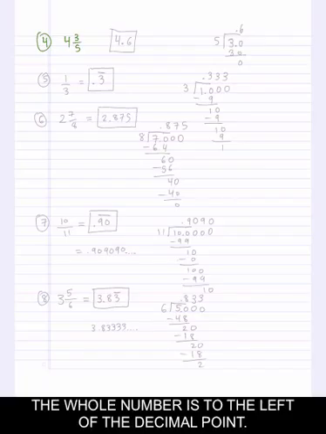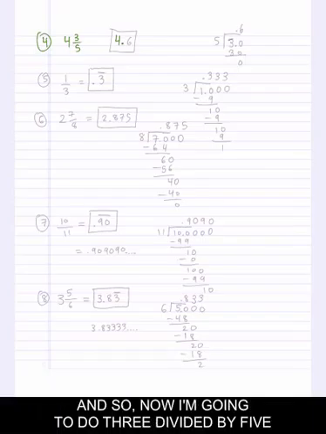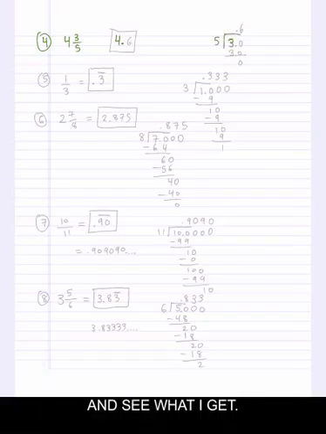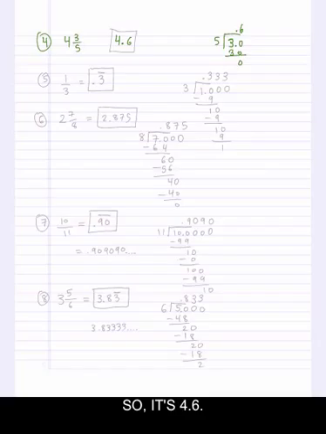The whole number is to the left of the decimal point, so I know it's going to be 4 point something. And so now I'm going to do 3 divided by 5 and see what I get. We have a 0.0 here, and 5 goes into 30 six times. So it's 4.6.